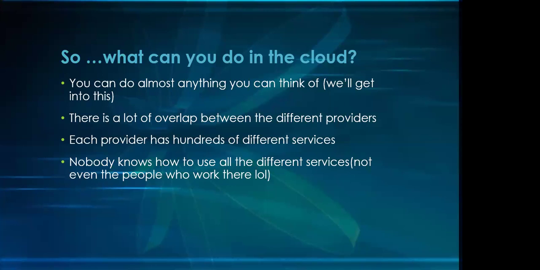Services means you could have different apps that run on AWS or Azure. For example, a Windows Server is a service, and you could spin up a Linux server as a service, which we're going to be doing. Defender, Key Vaults, and so many more. Even I don't remember everything.